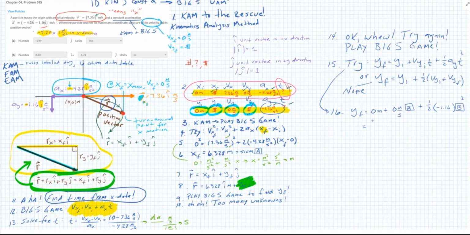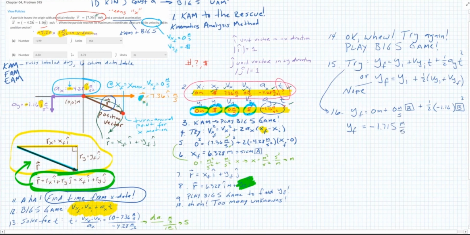Negative 7.36 divided by negative. Store alpha b. Now try it again. 0.5 times negative 1.16 times alpha b squared, negative 1.7 some change. So this is what I get. My y final equals negative 1.715 and some change meters per second.